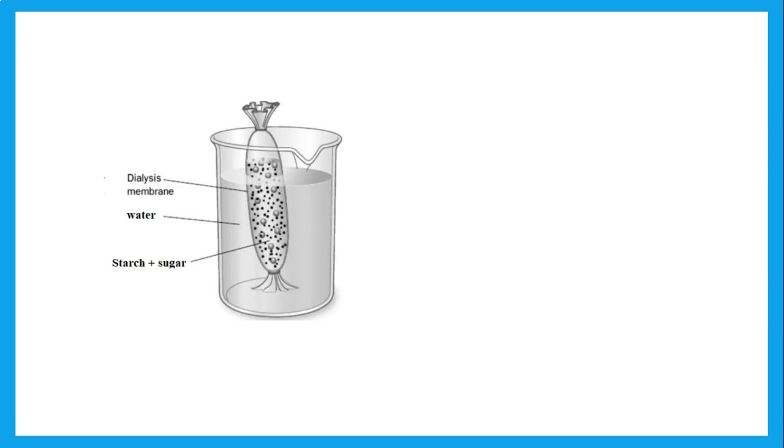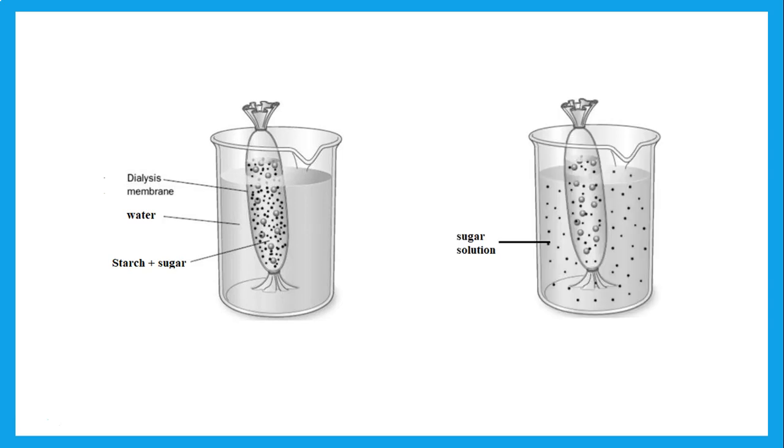Sugar or glucose or maltose, these are smaller molecules. So if I put this into my dialysis membrane and there is water outside, now if I'm saying that at the beginning inside the tube I have starch and sugar, now if I leave it for some time, the sugar molecules go out of the tubing into the beaker.